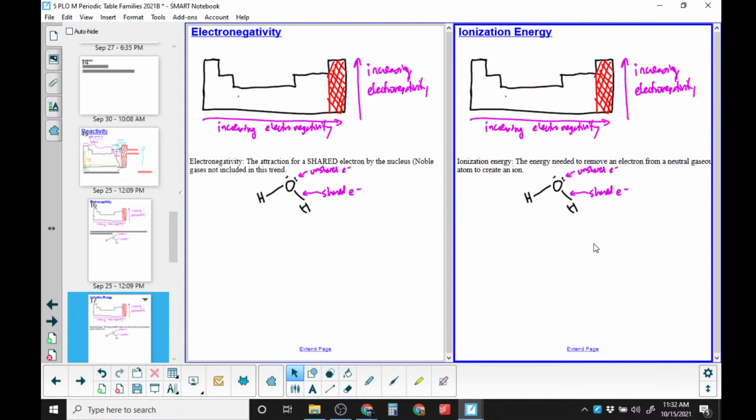Okay, so I've added a new one. You're drawing a new one. Once you're done electronegativity, we have a whole new trend called ionization energy.